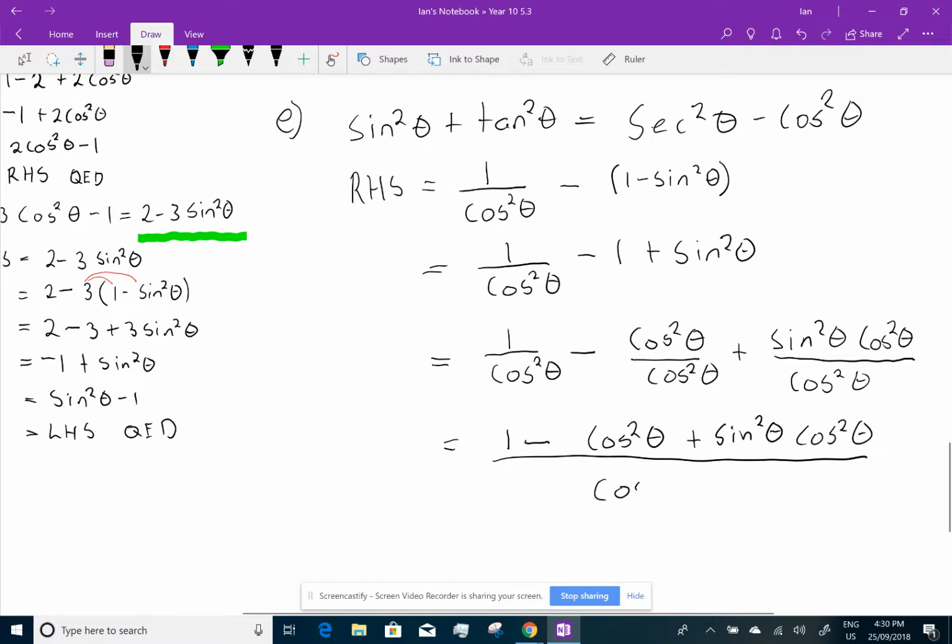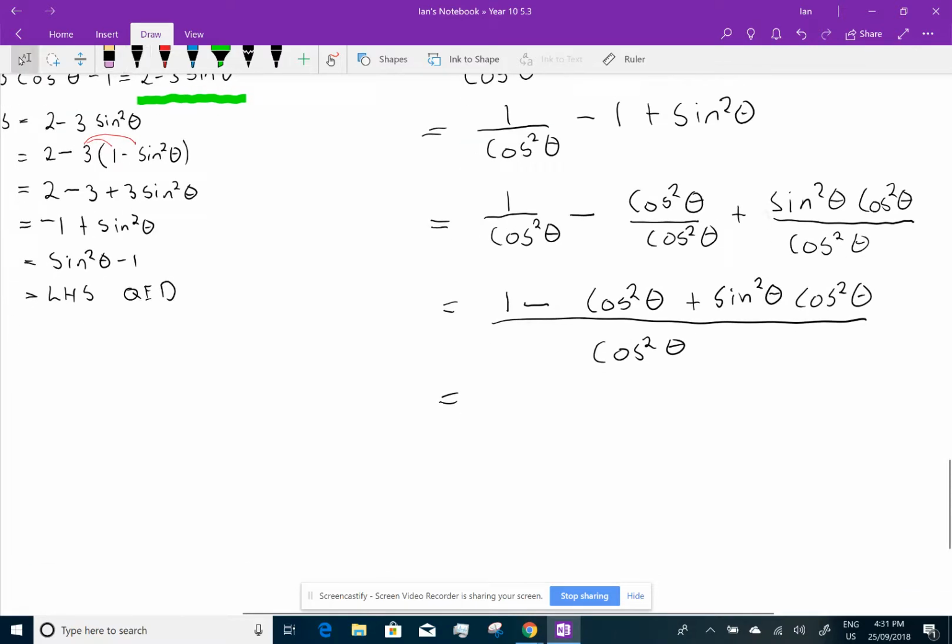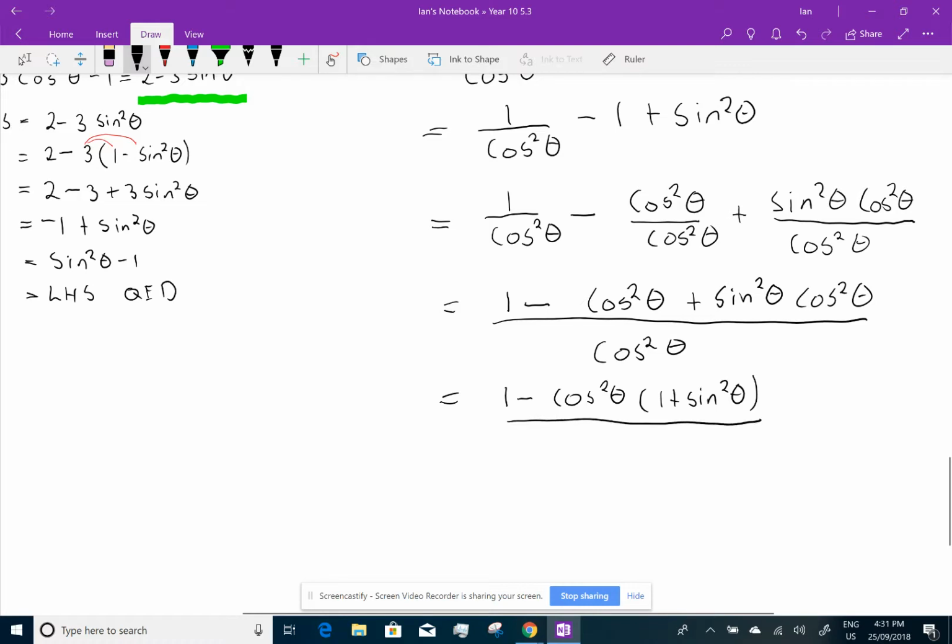I think I've made this too complicated. I don't think I'm going to be able to. Let's see. So let's take 1 minus cos squared theta, and I'll get 1 plus sine squared theta over cos squared theta.